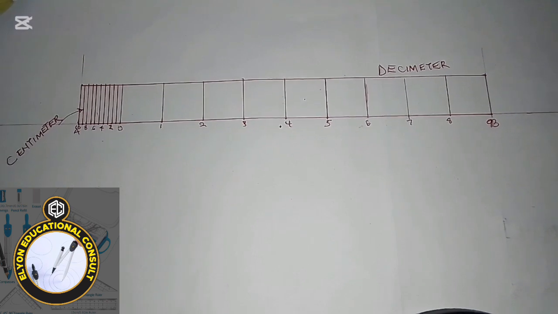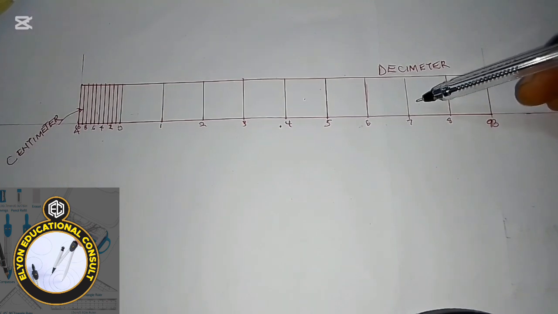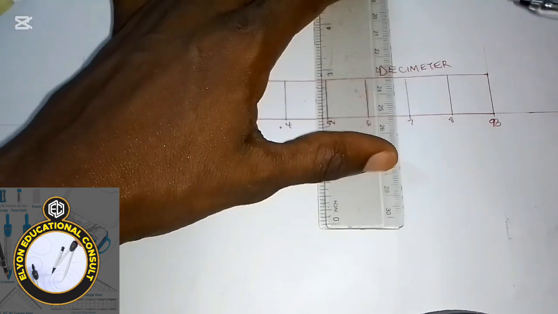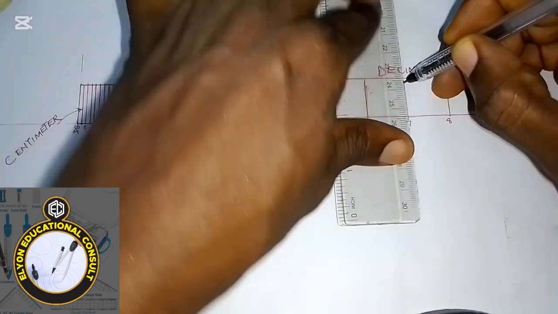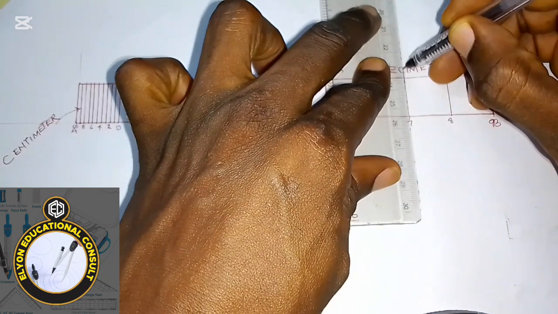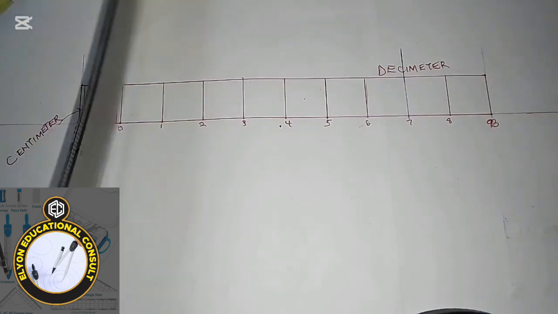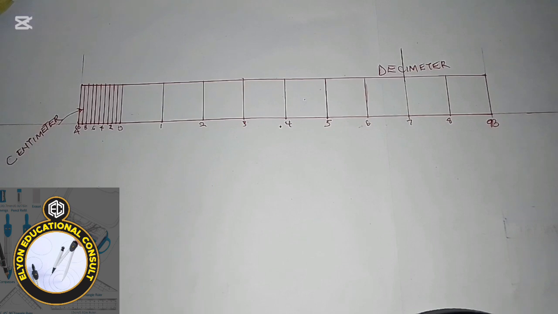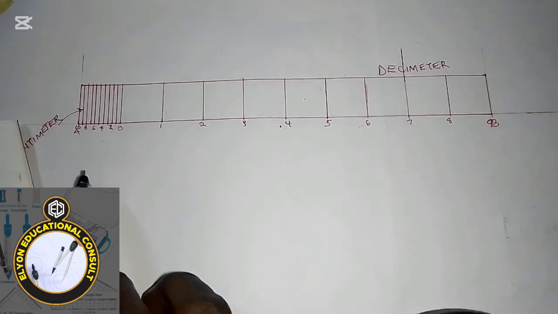This is how we take the reading. You go to the point where you have the 7. This is where we have 7, so you can draw that out like this. Then come to the part where we have the centimeter, where we're going to read 6.